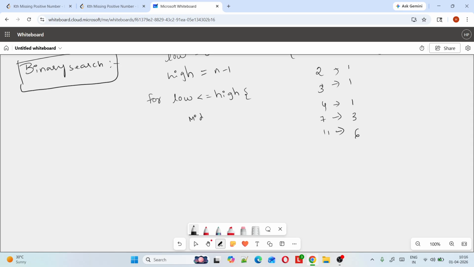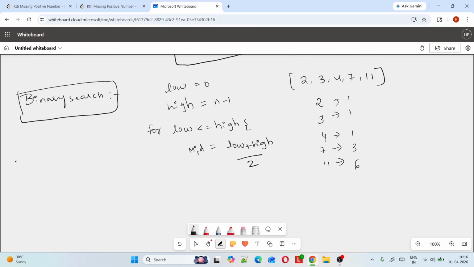Mid is equal to low plus high by 2. Now let's write all the positive numbers: 1, 2, 3, 4, 5, 6, 7, 8, 9, 10, 11, 12.